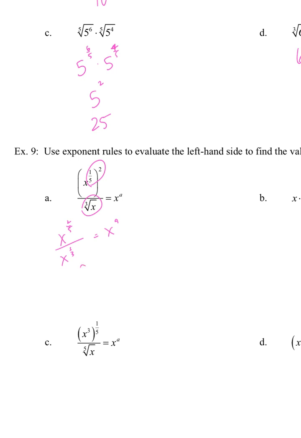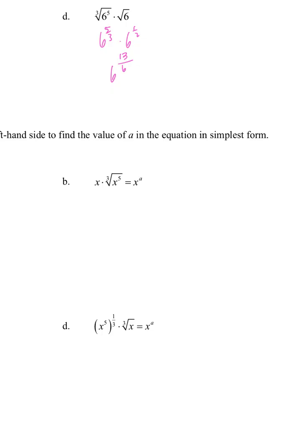So 1/15. A is 1/15. All right, so I'm going to write this as x to the 1st times x to the 5/3. Multiplying same bases, you keep the same base and add. So that's 8/3. So A is 8/3.